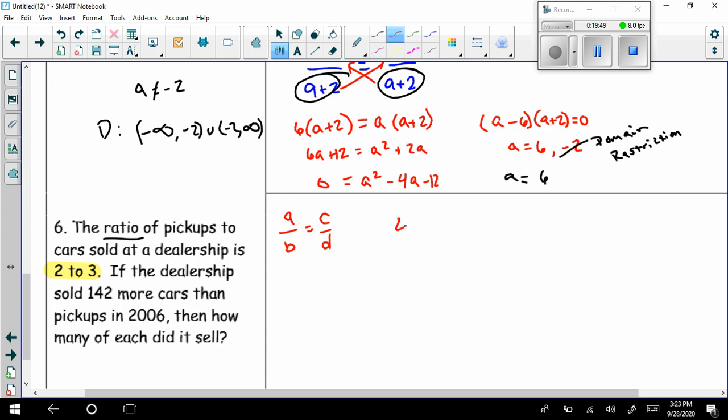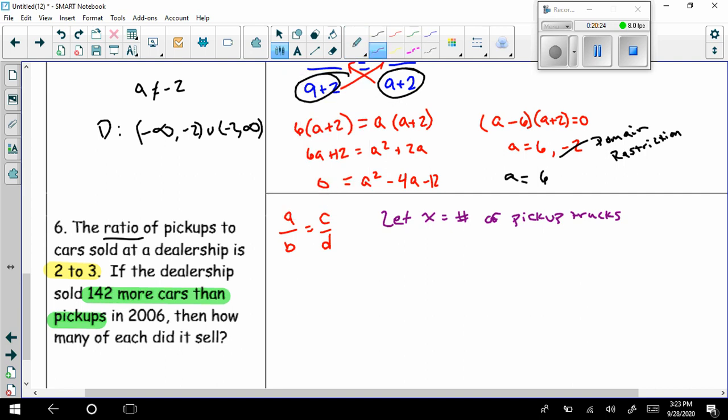And so if we, let's switch colors here. Let x equal the number of pickup trucks because this goes on to say if the dealership sold 142 more cars than pickup trucks, so the relationship has to do with pickup trucks, then how many of each did it sell?